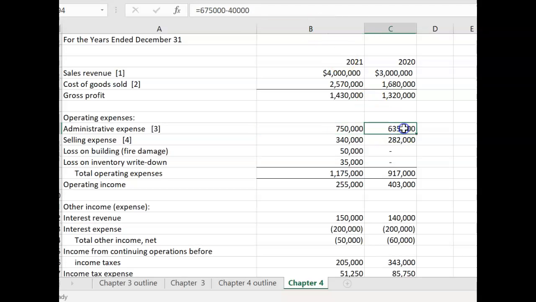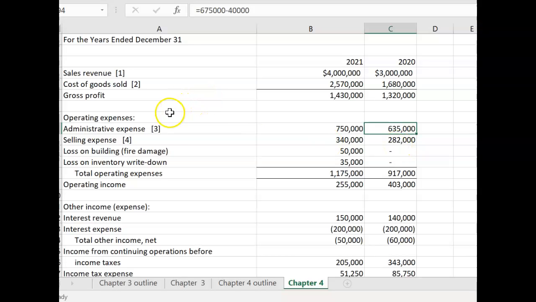Again, for comparative purposes, we would have to restate the administrative expenses to the $675,000 and subtract the $40,000. You would do the same for the selling expenses in 2021 and 2020.